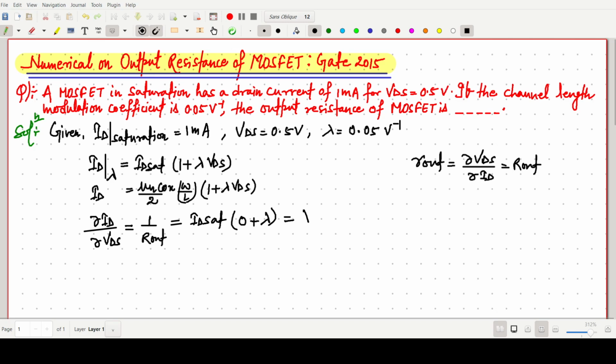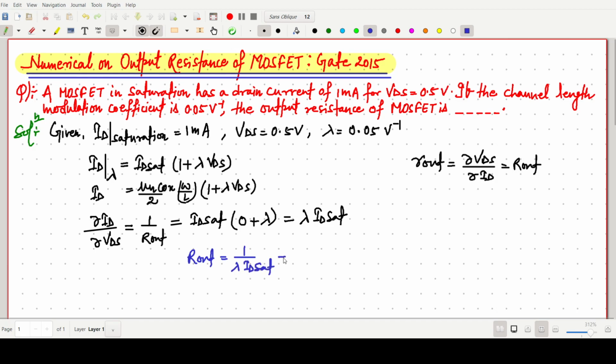So the value will be lambda times ID sat, and the R output can be written as 1 by lambda times ID sat.